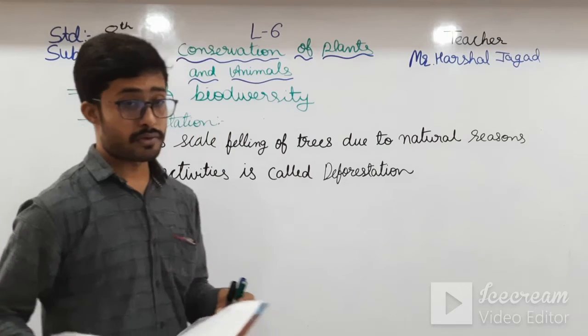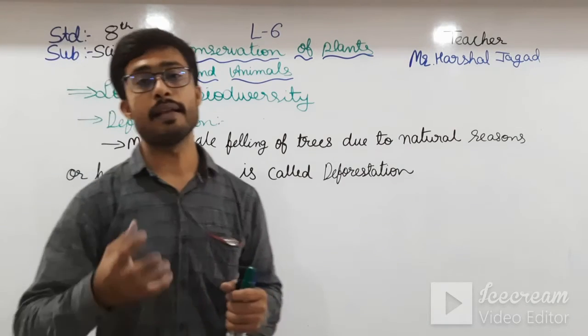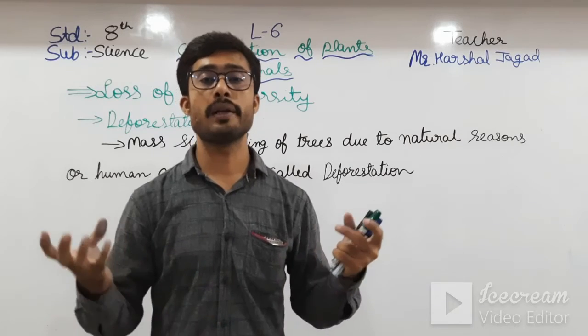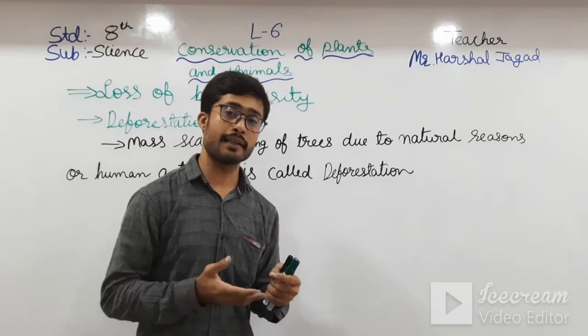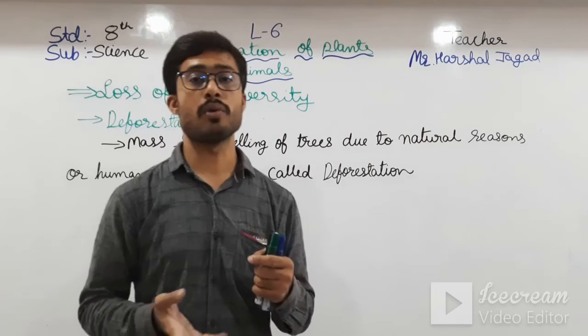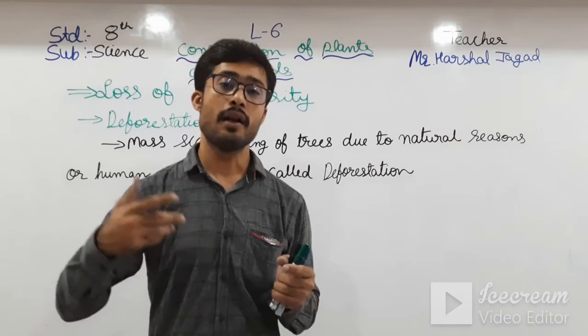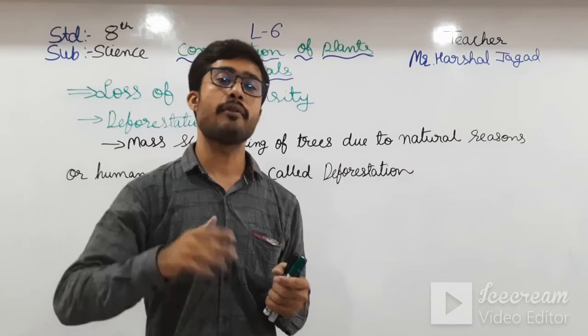Okay, students. So these are some of the deforestation points. We have seen that the roots of the trees hold the soil and maintain its fertility. But if we are cutting the trees, the roots will be destroyed and the fertile soil will go away with strong wind and water.